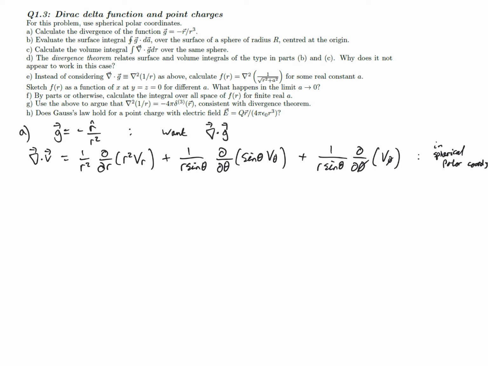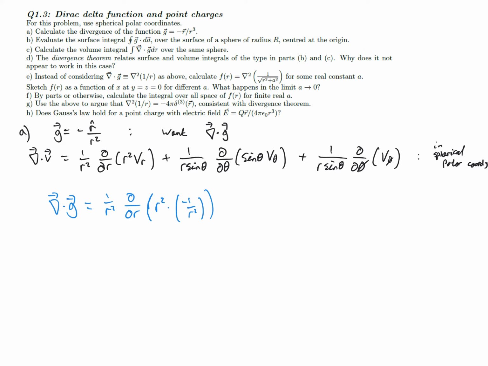So what we have, in fact, is simply that we can now substitute in V_r, the radial part of the function, which in the case of g is minus 1 over r squared.